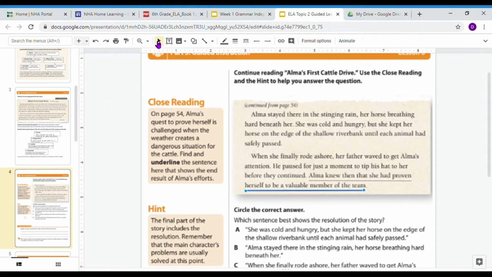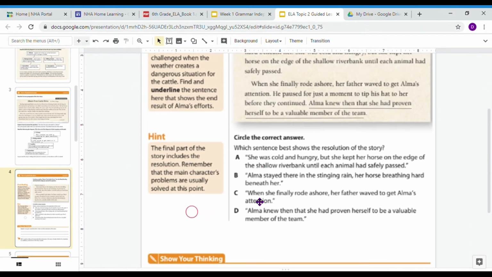And let's move on to our multiple choice question. Which sentence, we kind of just answered this question. Which sentence best shows the resolution of the story? Remember, the resolution is the conclusion or the final outcome of the story.